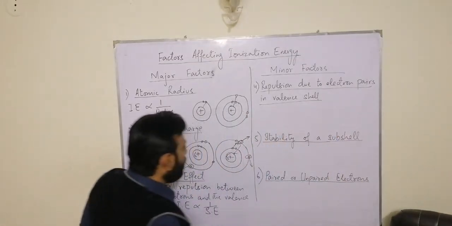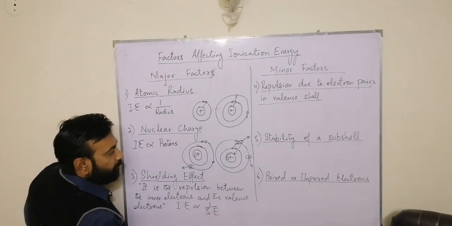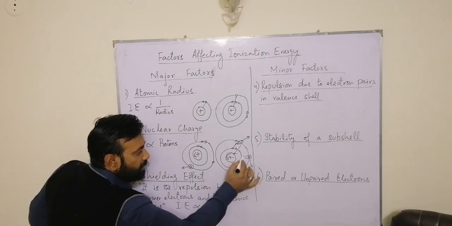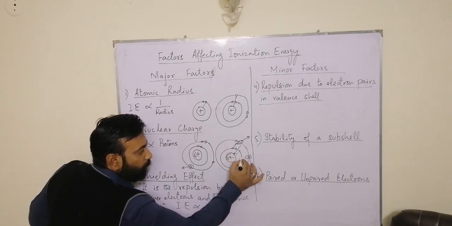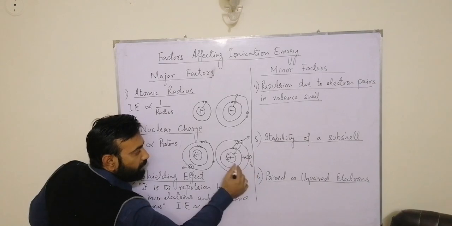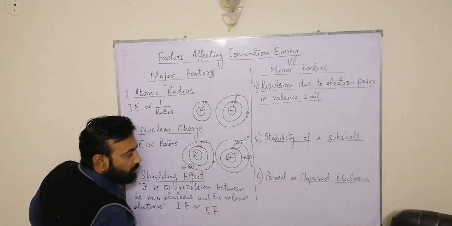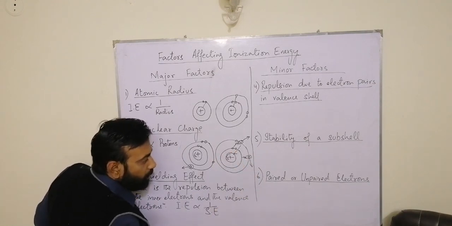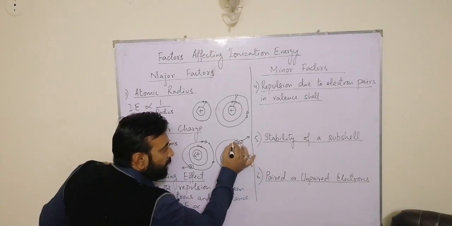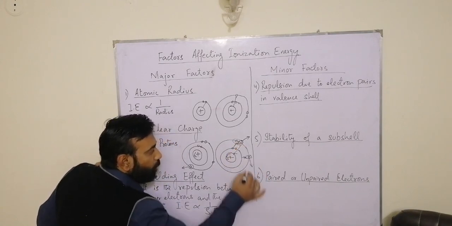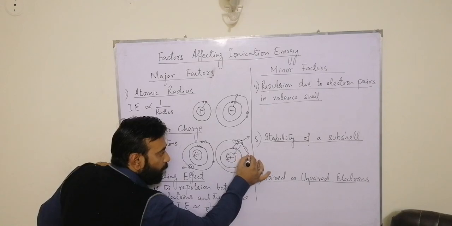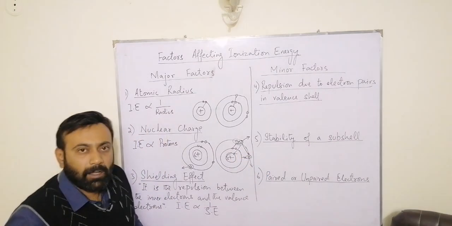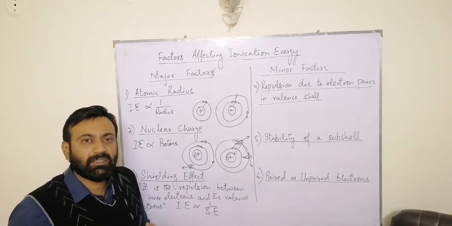See, suppose we are talking about this electron. This electron will be pushed away from the nucleus due to these inner electrons, but this extra electron pair is also pushing it outwards, though not exactly in the same direction as the inner electrons.